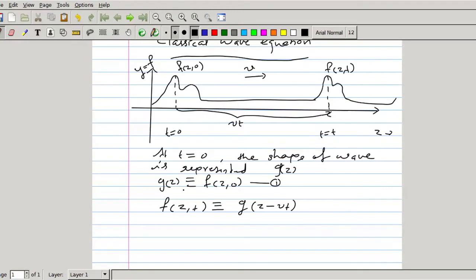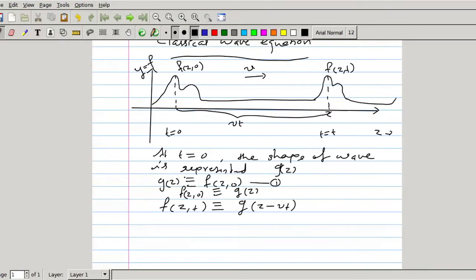If f(z, 0) equals g(z), then f(z, t) at time t has the same shape as the wave at t equal to 0. The shape of the wave at t equal to 0 is represented by g(z).